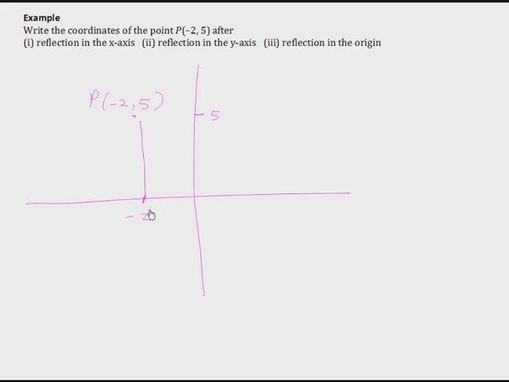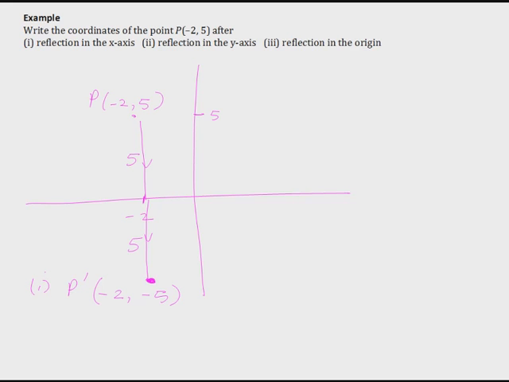So I go to the x-axis and I move an equal distance downwards. And where will I get to? So I've moved down 5 units. So I move down a further 5 units below the x-axis. So what's the coordinates of this point? It will be minus 2, comma, minus 5. So the reflection in the x-axis gives me the point minus 2, comma, minus 5.